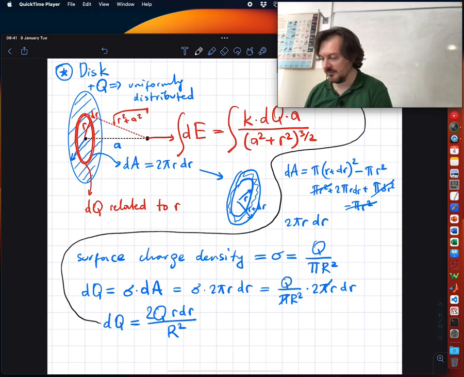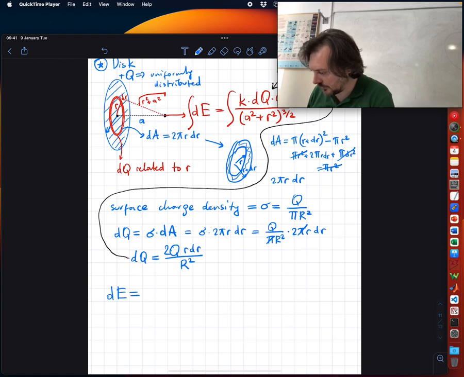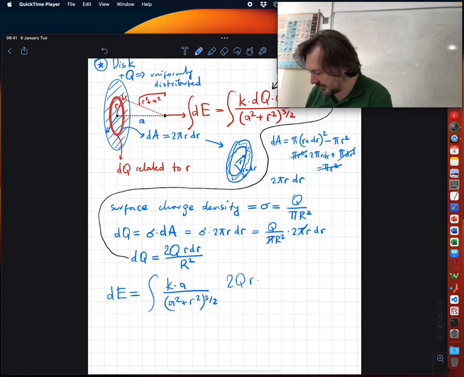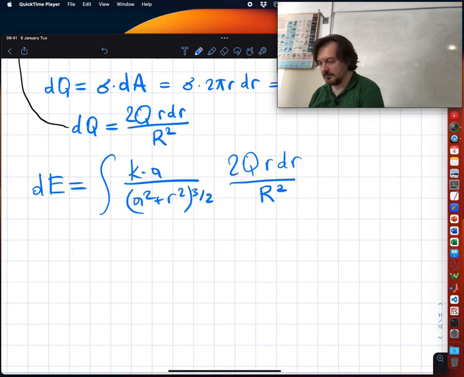Right? Let's do that. dE is equal to the integral of k times a over (a squared plus r squared) to the 3 over 2, times Q 2 r dr over R squared. Right? Believe it or not, it's actually not a hard integral.